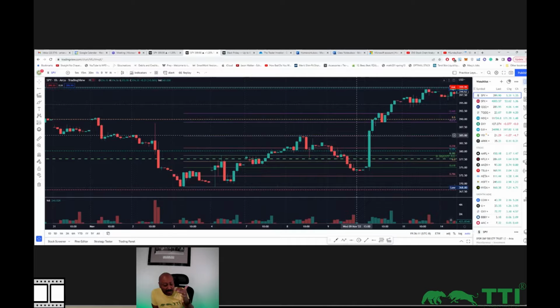Like if it comes down to 38, 50, or 61.8, and then you get a hammer, but that hammer closes above the bar and the wick is below it. That's a nice place where it says this is a strong support. It is having difficulty for the bears to go past this line.